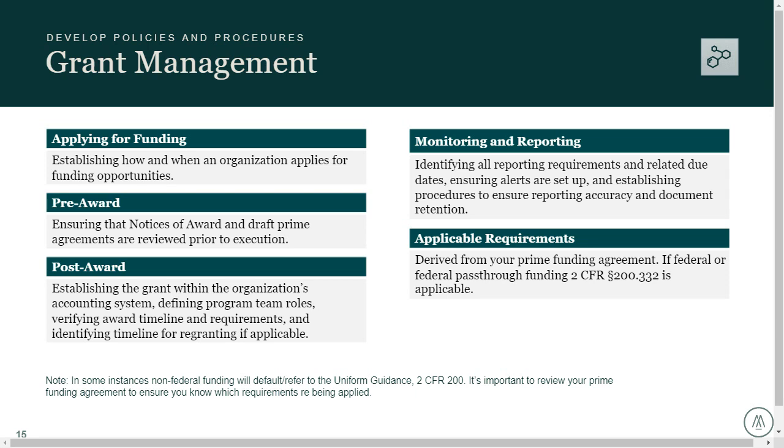And then just at a high level, most funding sources, like I mentioned, regardless if it's federal or not, tend to defer to the uniform guidance or the CFR. However, you need to make sure that you really read your prime agreement and understand what requirements are being placed on your organization and tracking those accordingly.